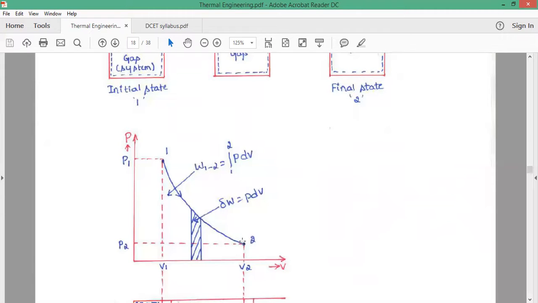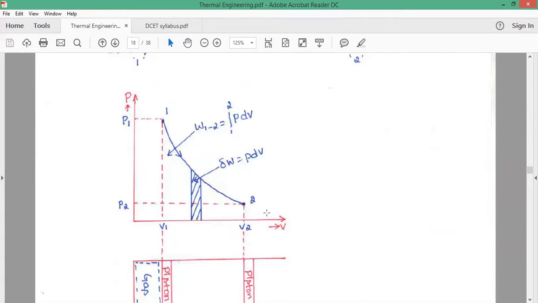This is the thermodynamic path and attains the final state 2. At this point, volume is V2 and pressure is P2. Now, as we all know, work done during any thermodynamic process will be given by the area under the curve.